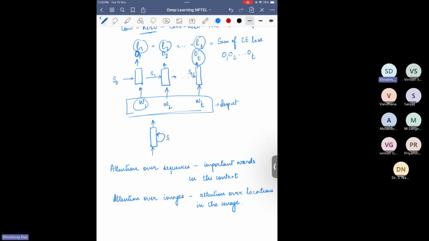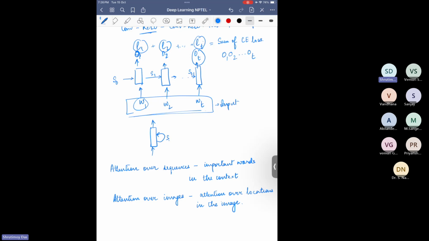In the class, there was an example which said a man is throwing a disk. So the man should attend, or give importance, to the image of the man, and the disk should give importance to the disk in the image. So these are the two differences.